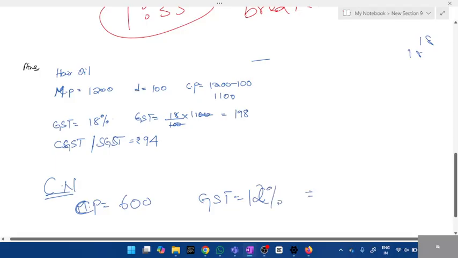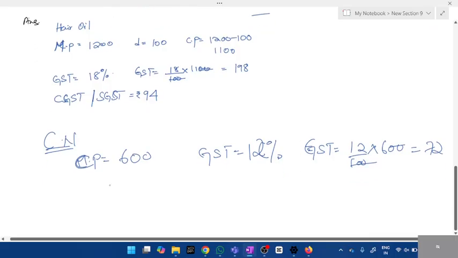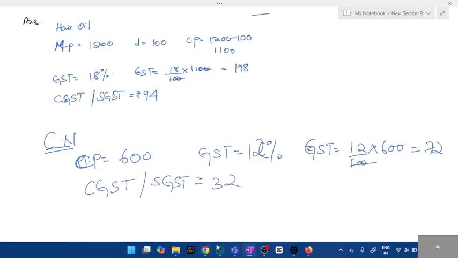So what is the GST amount? How do you calculate GST? 12 divided by 100 into 600. What's the answer you got? 72. Okay, right? Along with that, even write SGST and CGST. Just write the values. 72 divided by 2 is 36. That's it. Write all these values and check what they've asked us.